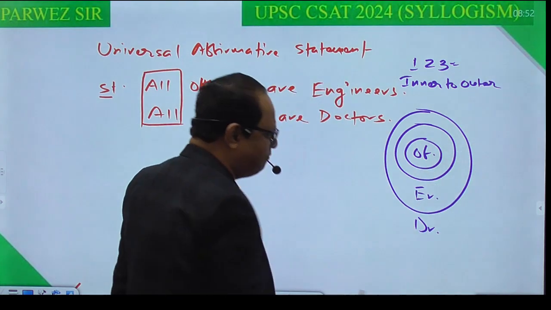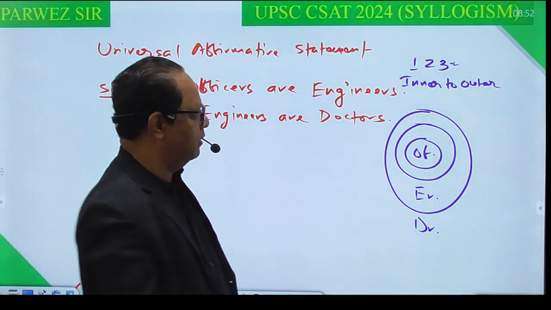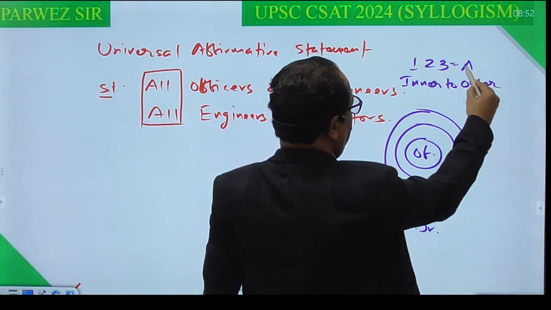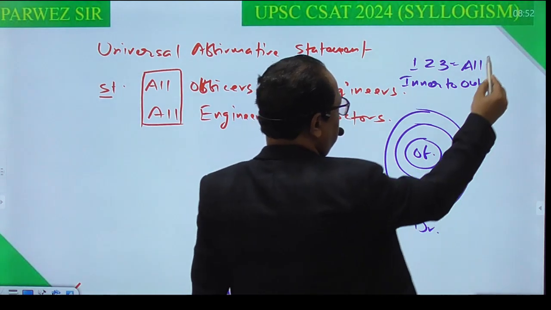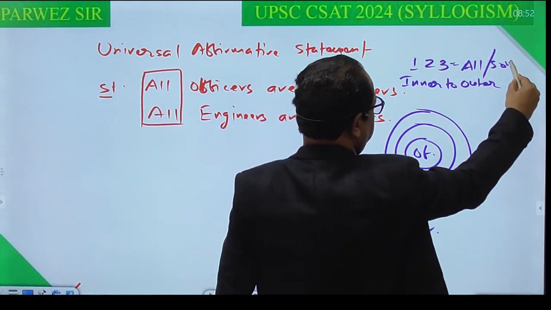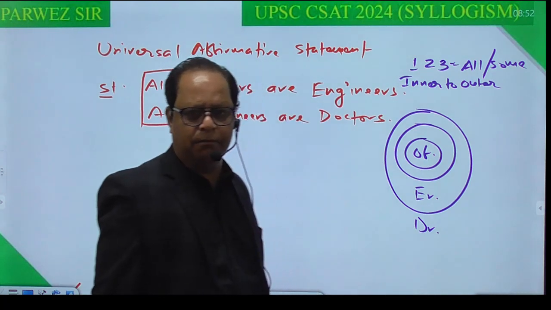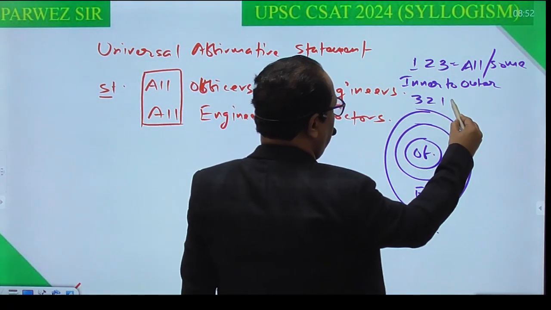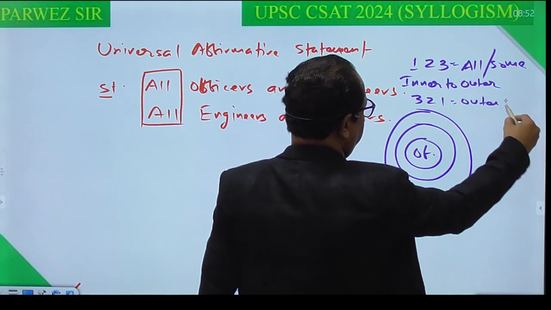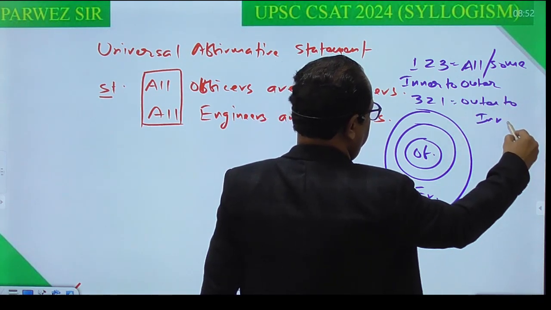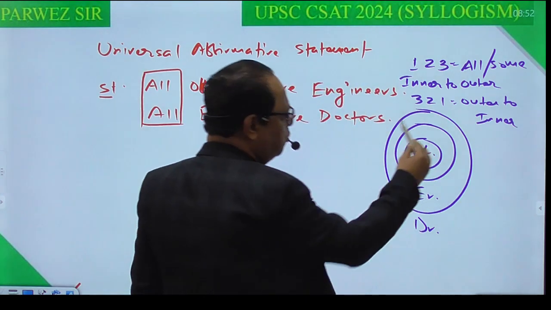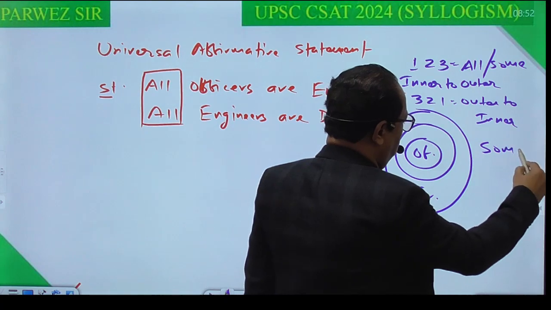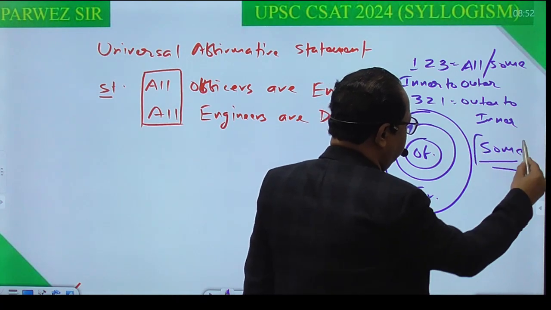When we are moving from inner side to outer side, our conclusion will be in the form of all as well as some. But when we are moving from outer to inner side, in that case our conclusion will always be in the form of some.